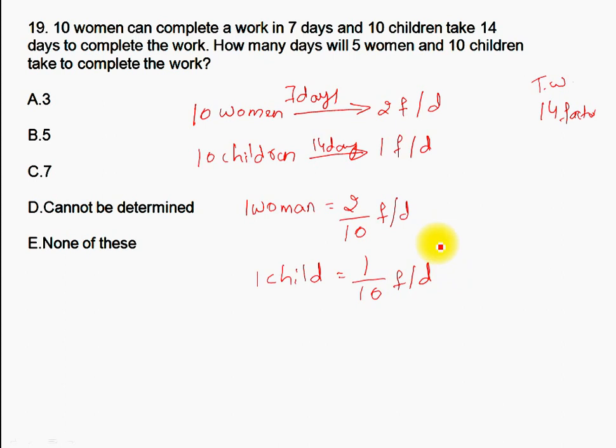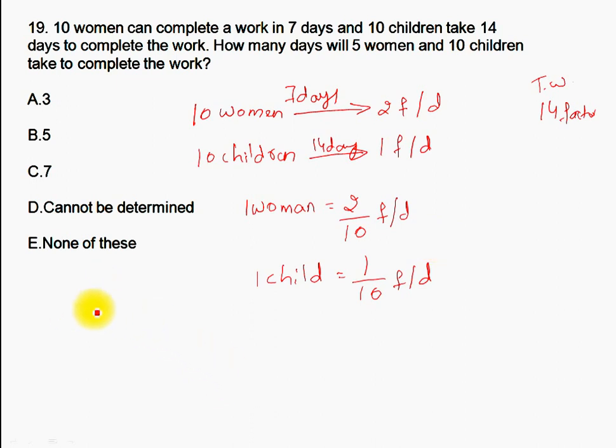So what they have asked in the question is that 5 women and 10 children work together. How much time do they need to complete the work? We know the value of a single woman and a single child. So we need to incorporate these values in the following equation.